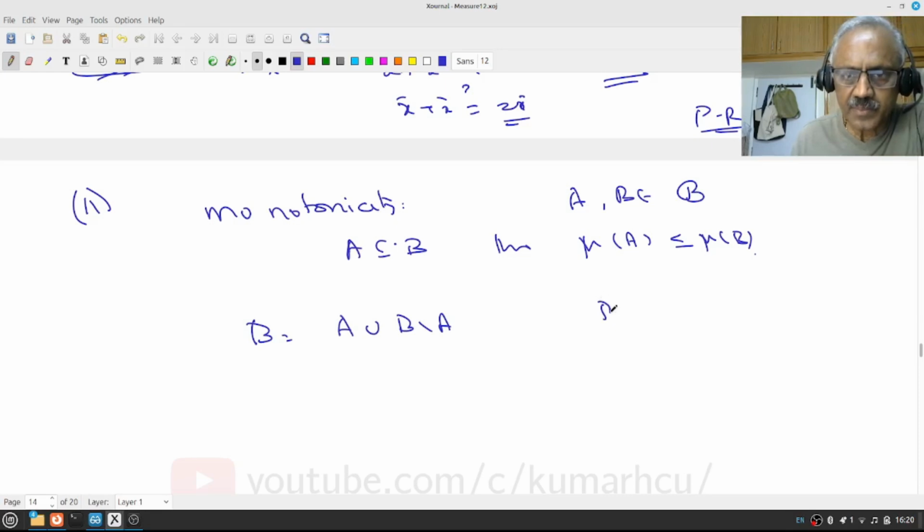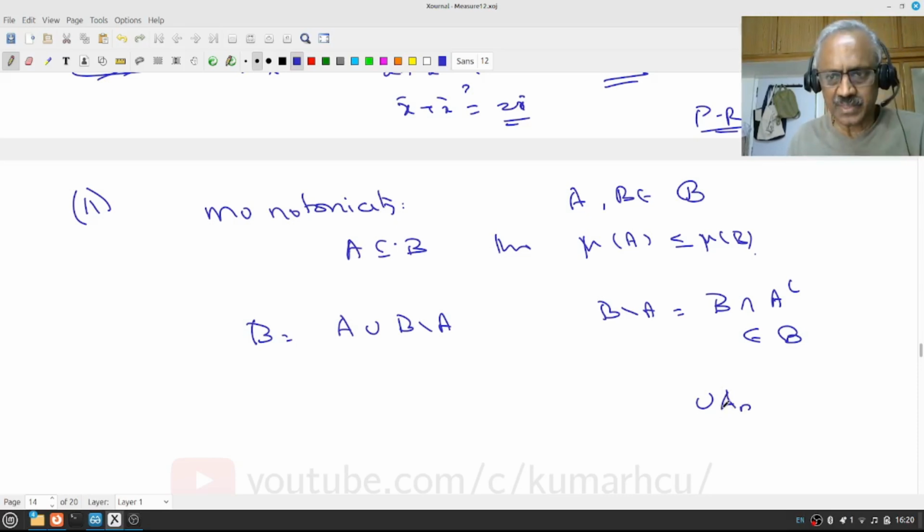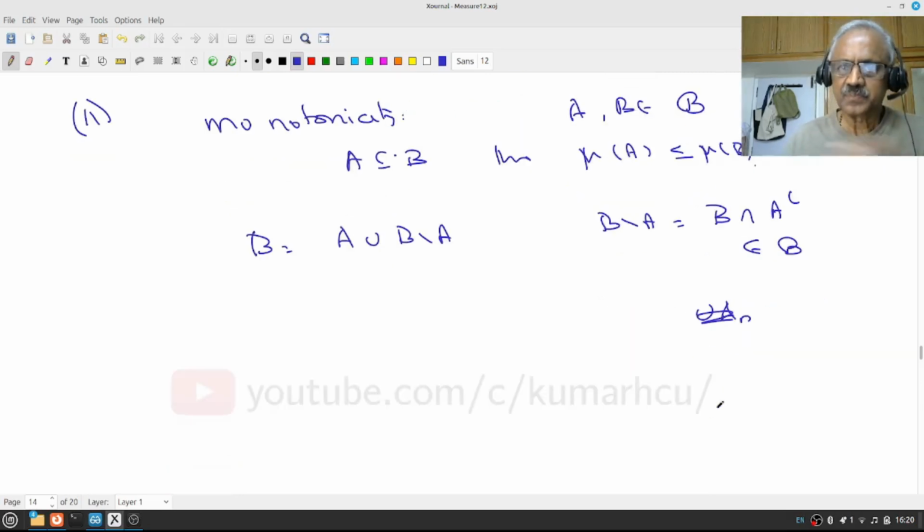Now notice that B minus A is B intersection A complement, therefore this is in B. Since A is in B, A complement is in B, the intersection is also in B, because I should have said that countable union, right? Therefore finite union is also there, finite intersection will also be there, exactly the same logic. Okay, now this is a disjoint union.